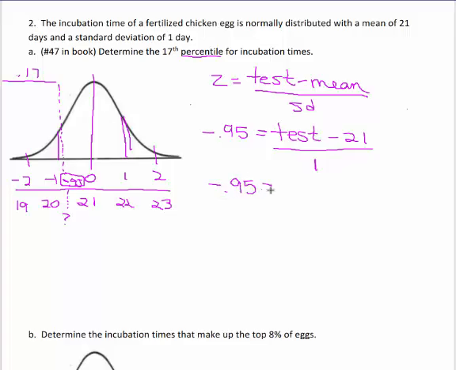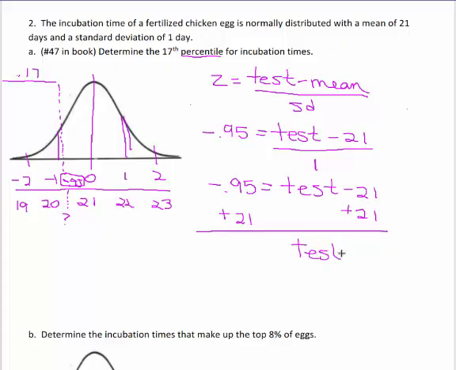A little bit easier to calculate. So all we have to really do is add 21 to both sides, solve that little equation, and I'm going to get the test equals, what did I get? 20.05.